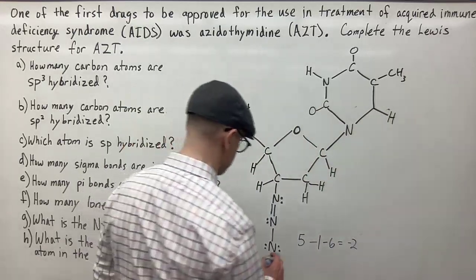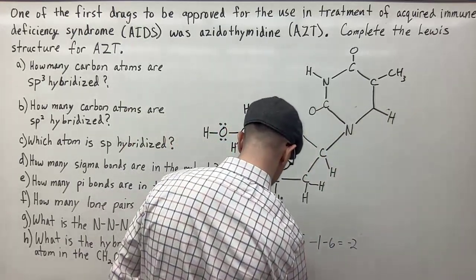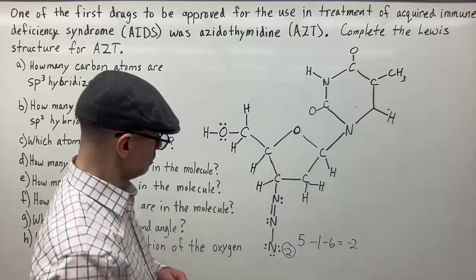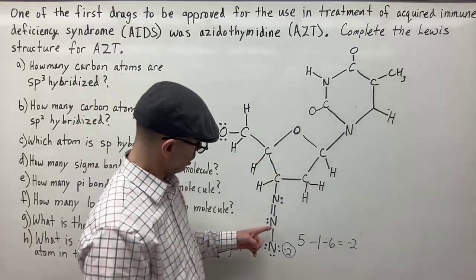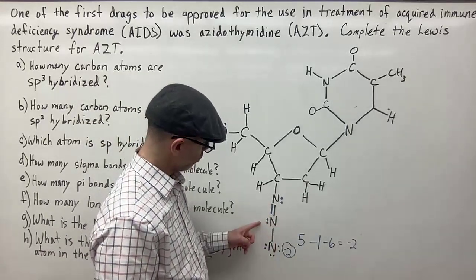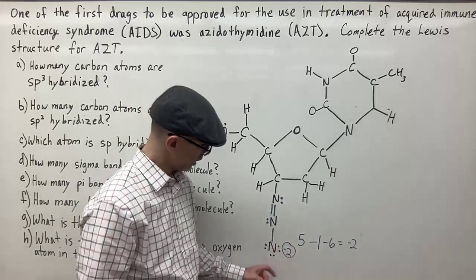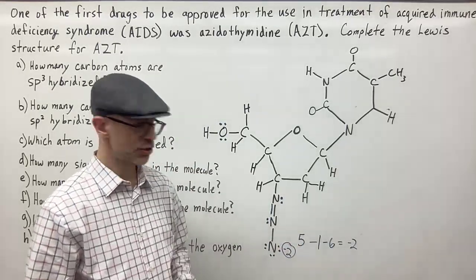So we'll have a minus 2 formal charge, and then here we'll have 0 formal charge. Here we'll have 0. So we have a large negative on the nitrogen.